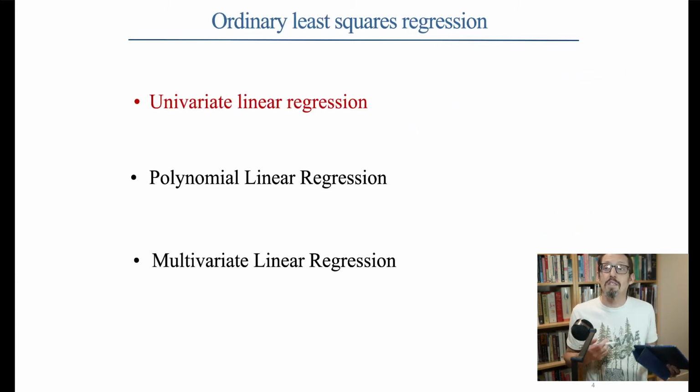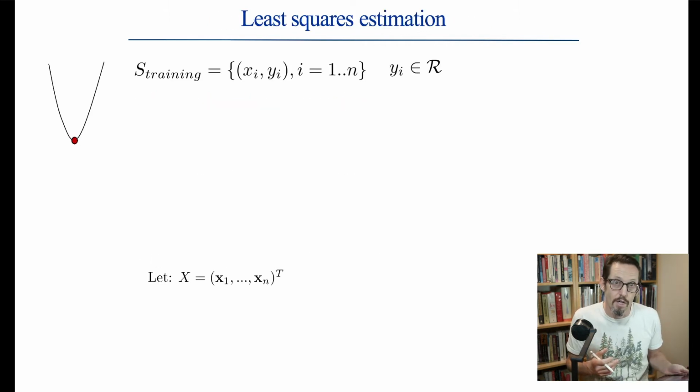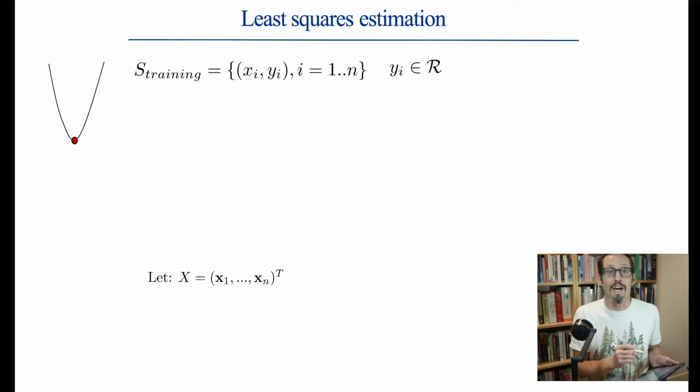So let's just go back to what we call univariate linear regression using ordinary least squares. I'm just going to recap in a slightly different way what I covered, what was it, 3 lectures ago? So, as always, we have some sort of training set, right? Each one of those points that we have that's an input also has attached to it a true label, something that we want it to be.